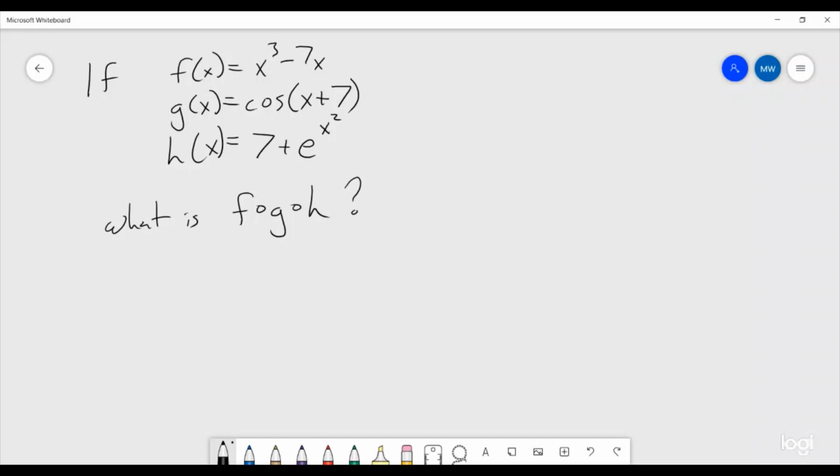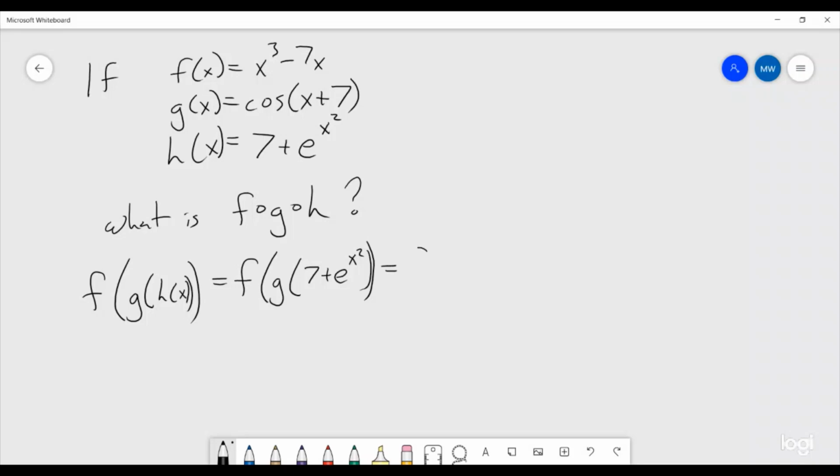Okay, so f of g of h, that is f of g of h of x. I think that's the right number of parentheses. So that'll be f of g of 7 plus e to the x squared. Now everywhere there's an x in g, we replace it with 7 plus e to the x squared.